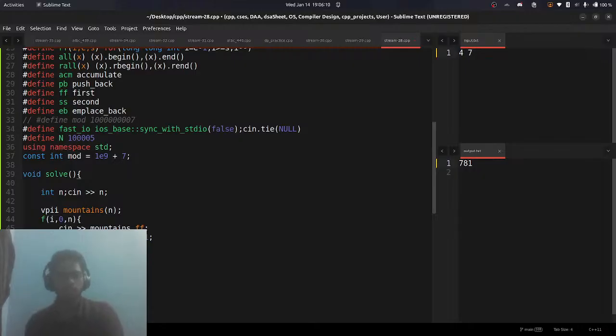One index. Okay, this is done. We'll sort it. How will we sort it? We'll just reverse sort it.